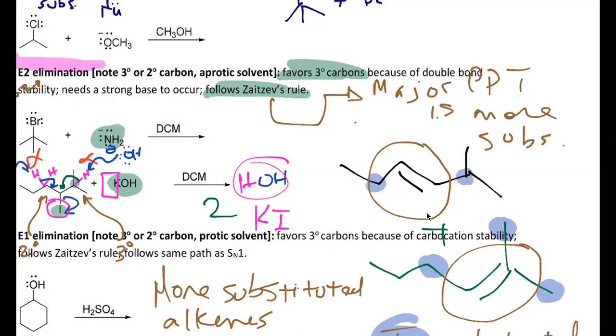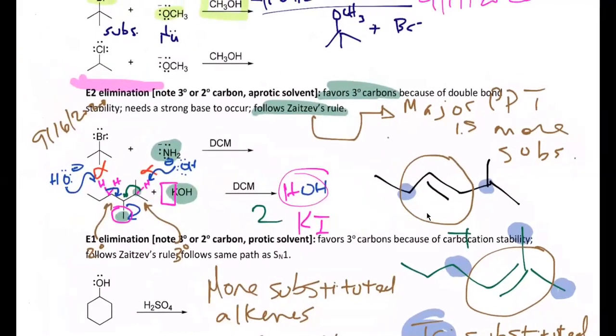It follows the same path as SN1, except when you get to the intermediate, you do an elimination as opposed to a substitution. And then I did talk about the geometry of the E2, right? Where you have to have what's called anti-periplanar geometry for the elimination to happen. And all that means is that the alpha hydrogen and the leaving group have to be on opposite sides of the same plane. All right, let's do a couple of examples. Then we're gonna come back up to E1.